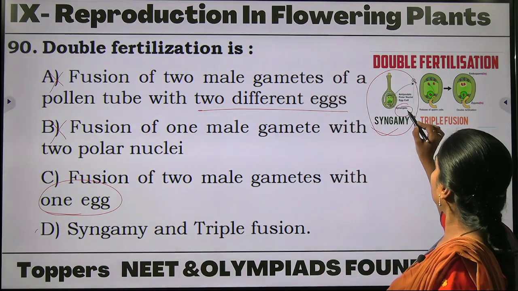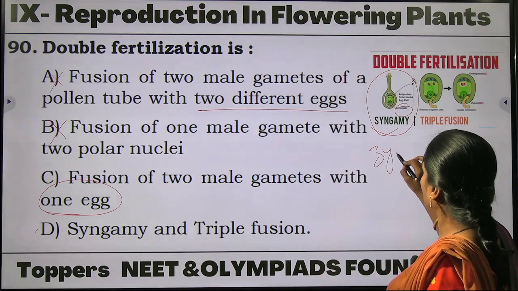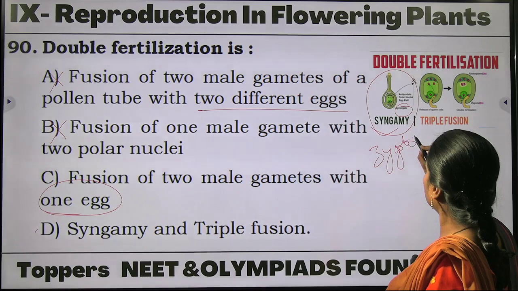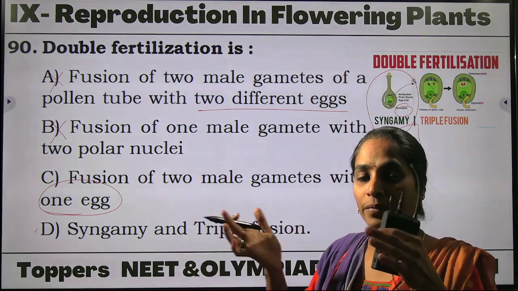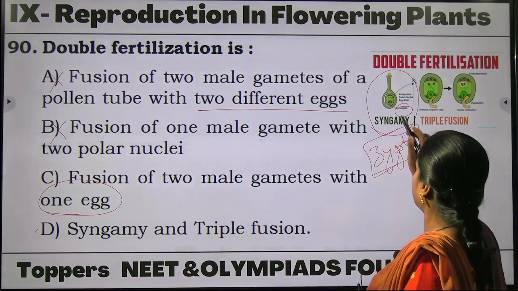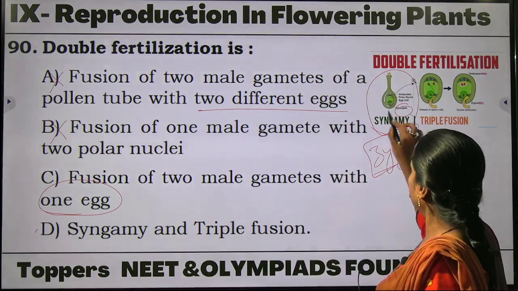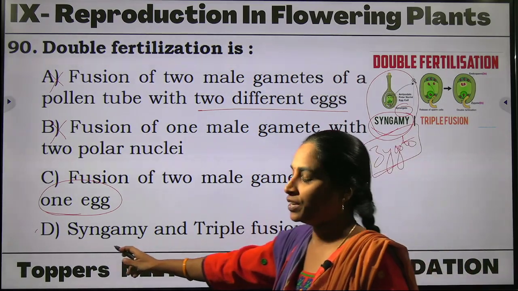And there we can observe the formation of a zygote. The first fertilization, fusion of a male gamete sperm cell with an egg cell to form a zygote, is called syngamy. That is what is given over here, right?